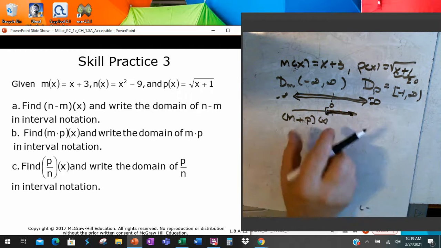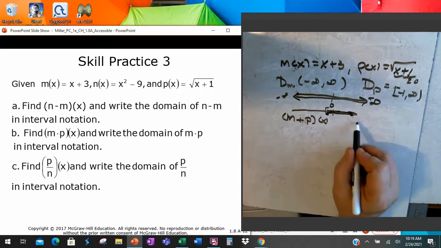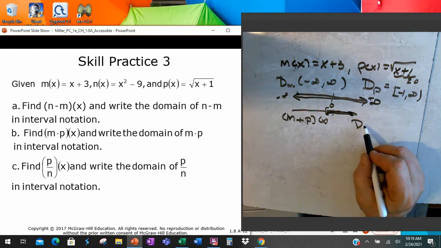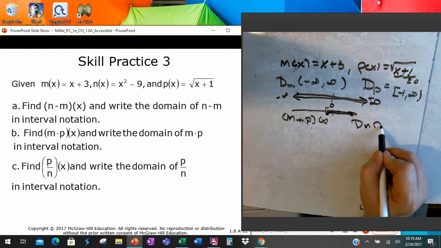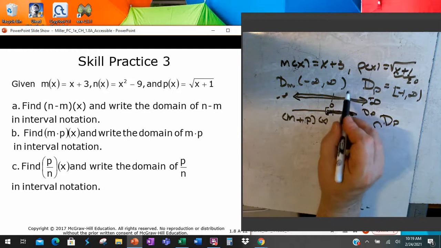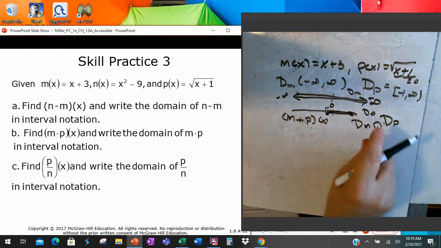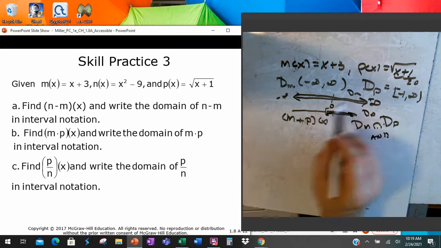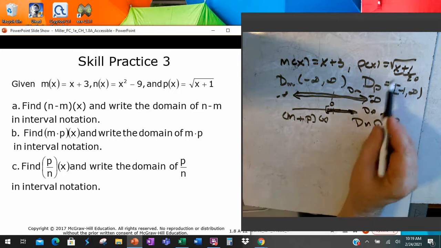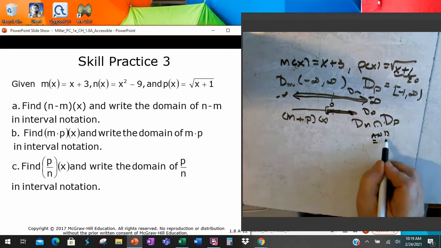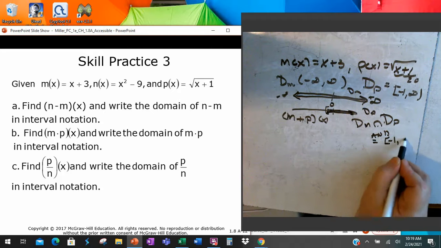And when I form any function with these, my new domain has to be the intersection of the domain of m and the domain of p. This intersection thing says and. So it has to be able to satisfy both of these things, which would be the smallest, so it would be this, okay? So this would be negative 1 to infinity.